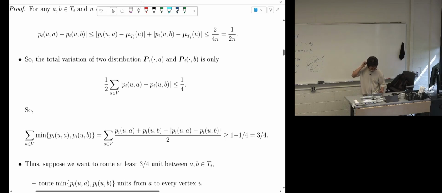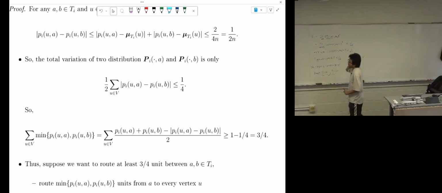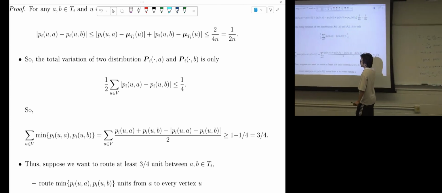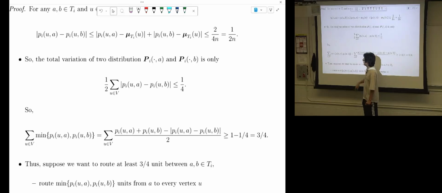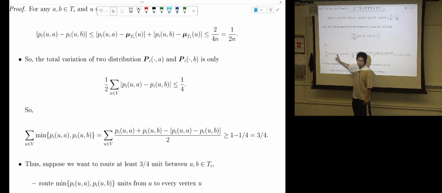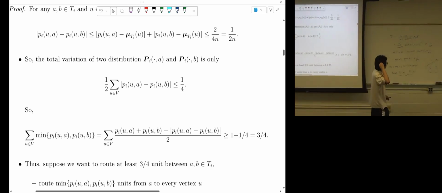I want to look at this quantity, and I want to say that this quantity is big. What is this? When I sum over all nodes U, and I take the minimum between these two things, I want to say this is big. Big as in some constant. Okay. So why is that?